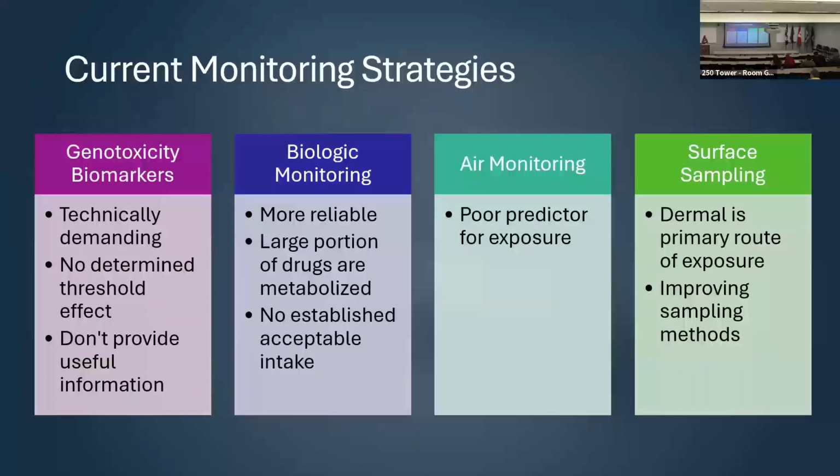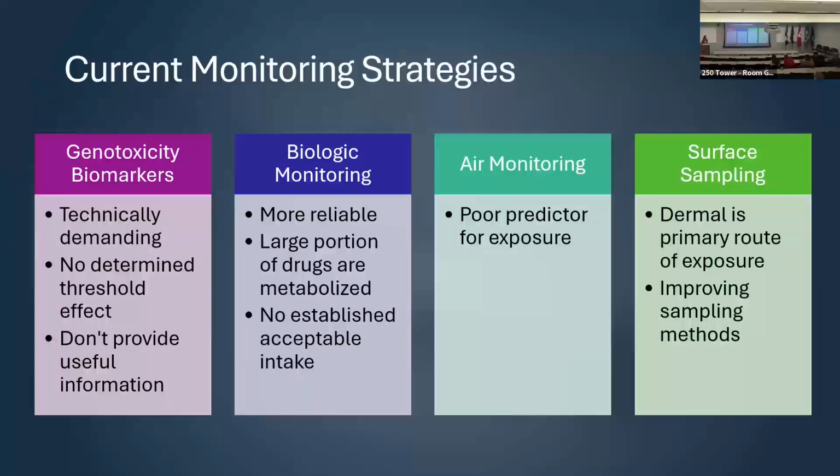They also tried air monitoring because some methods of chemotherapy distribution involve aerosolization, but it's listed as a poor predictor for exposure. This is because your primary occupational exposure to anti-neoplastic drugs is through dermal uptake.